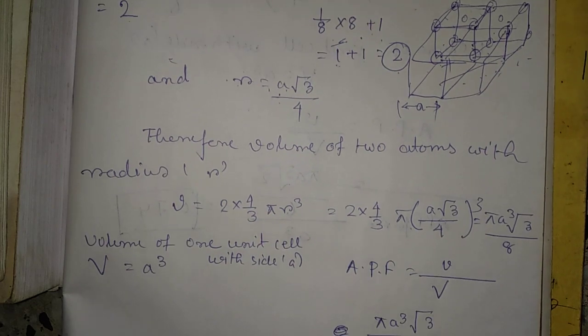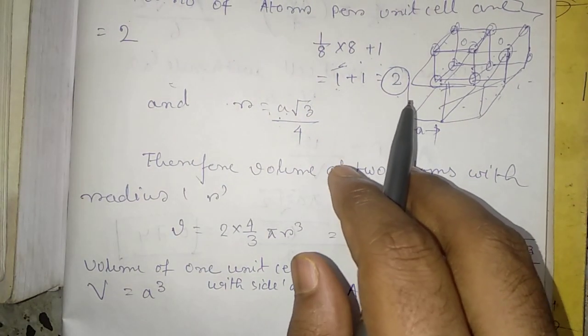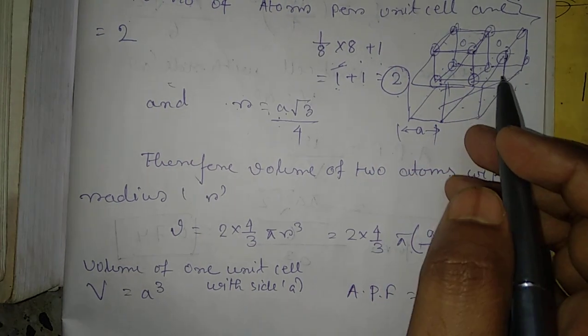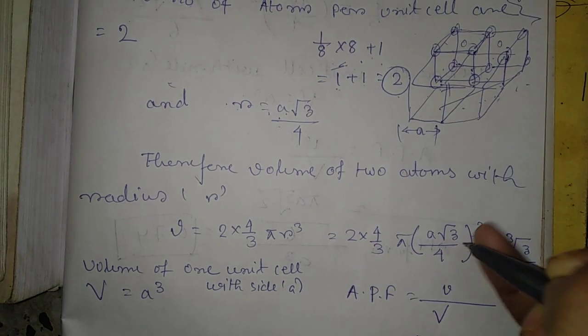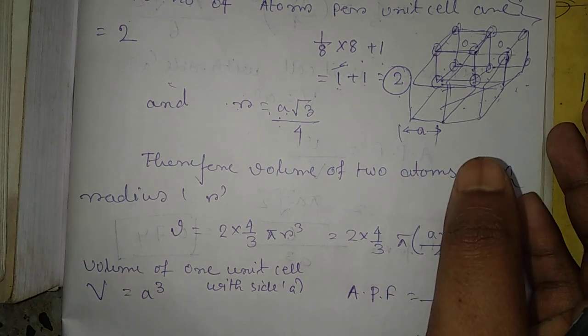Therefore, there are only 2 atoms in the total volume of one BCC unit cell. Only 2 full atoms are there, and the other portion is basically blank.